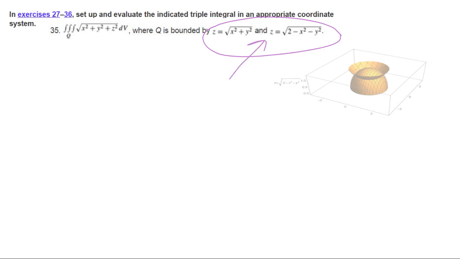Phi, in this case, between 0 and pi over 4. Rho, between 0 and radical 2. Theta, between 0 and 2 pi. And this is rho. Straightforward example.